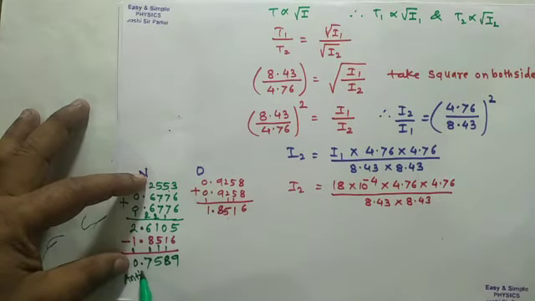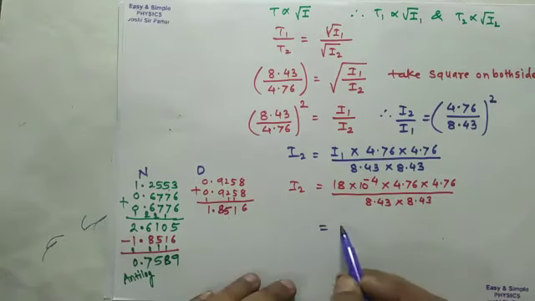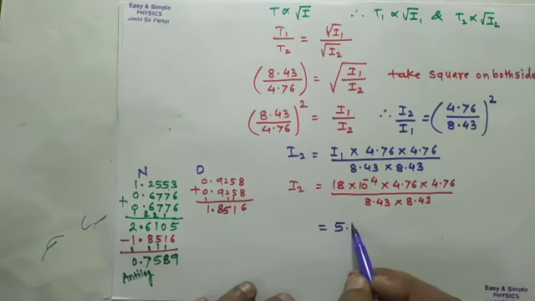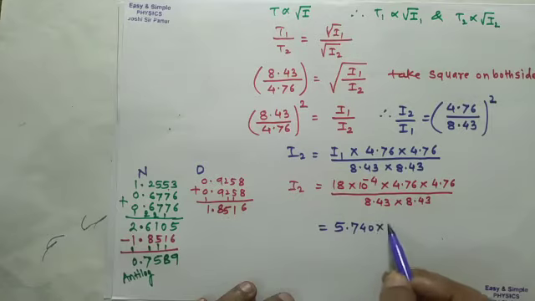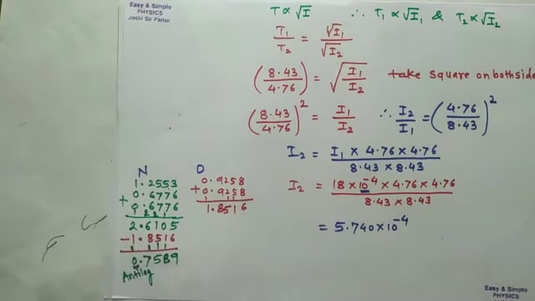Take its antilog. Antilog of 0.75 in 8, 9 in mean difference. So antilog will be 5.740 into 10 to the power minus 4, because here 10 to the power minus 4 is there and here 10 to the power 0 is there. So 10 to the power 0 becomes 1.